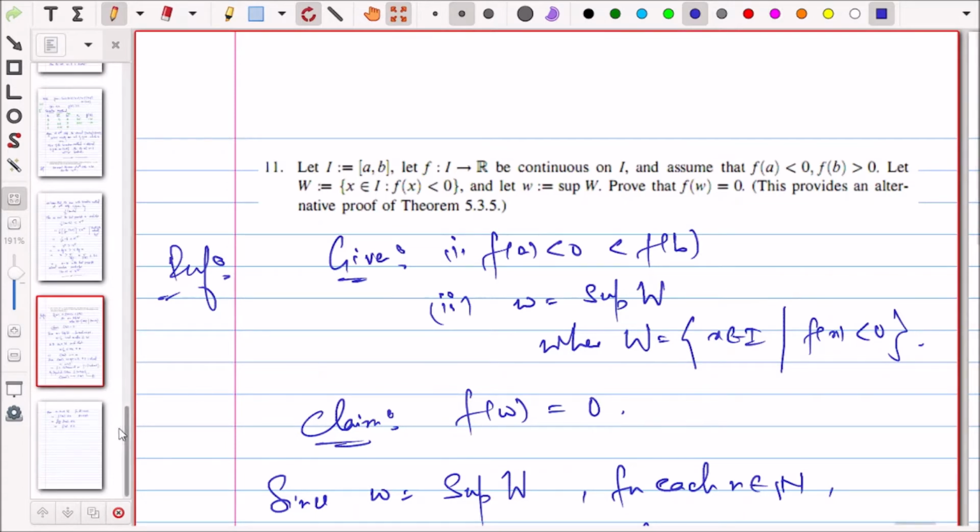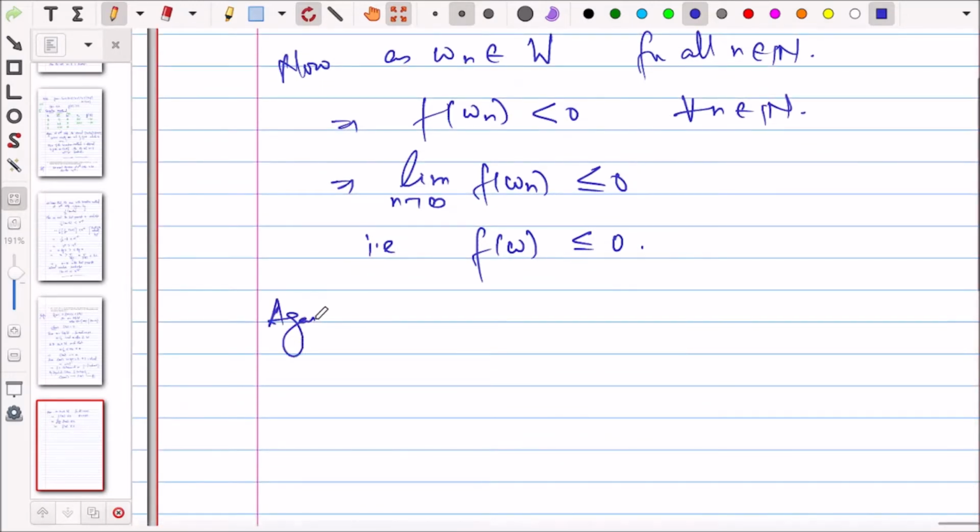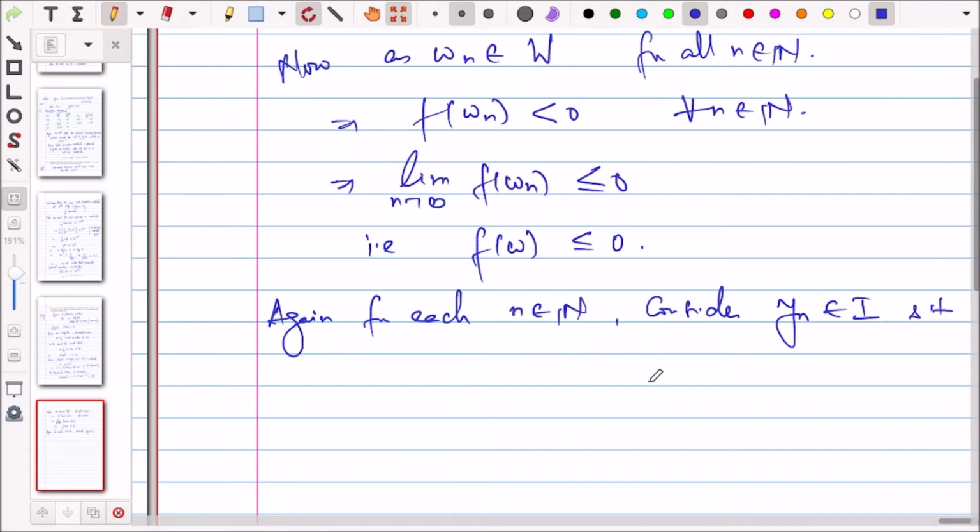So we will take a sequence. For each n belonging to N, consider yn belonging to I such that w is less than yn, and yn is less than w plus 1 by n.